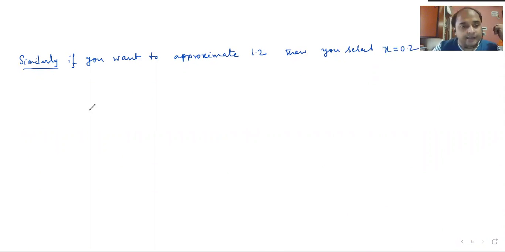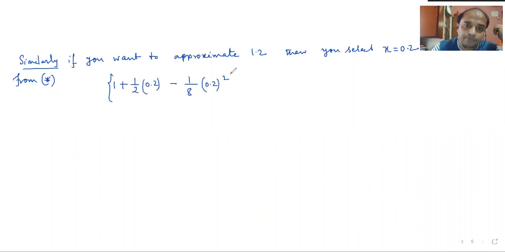Okay, and from star we get 1 plus half into 0.2 minus 1 by 8 into 0.2 whole square, less than or equal to root of 1 plus 0.2, less than or equal to 1 plus half into 0.2.